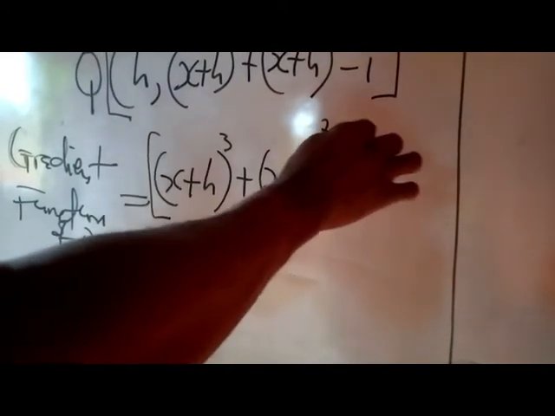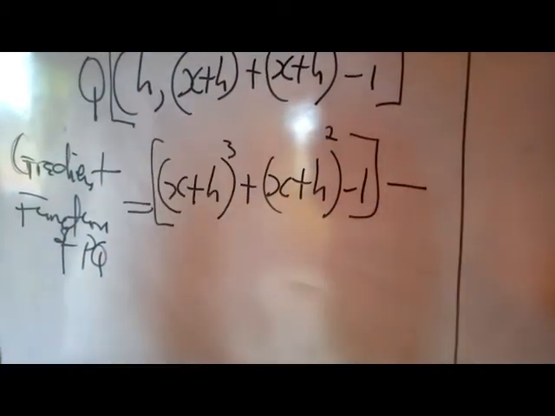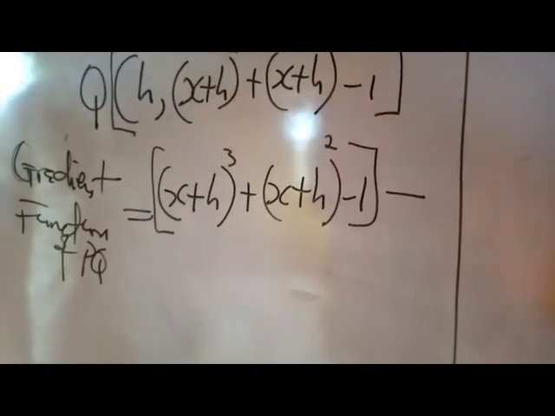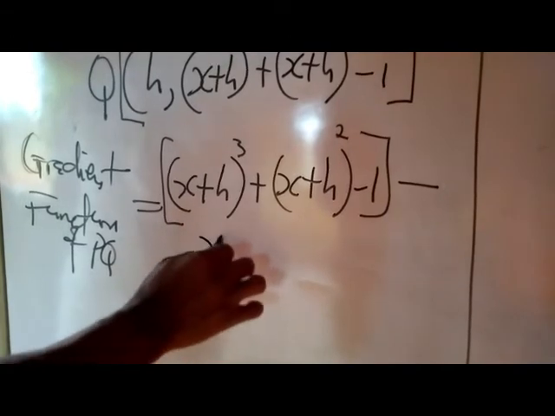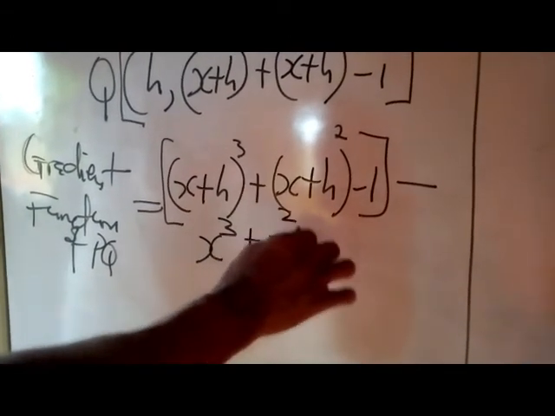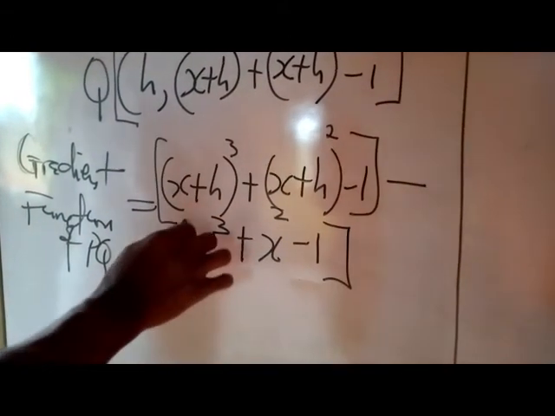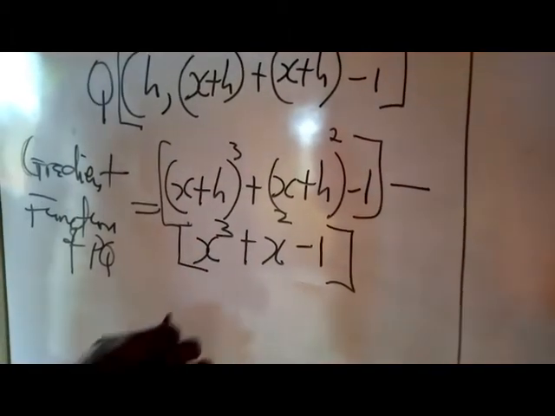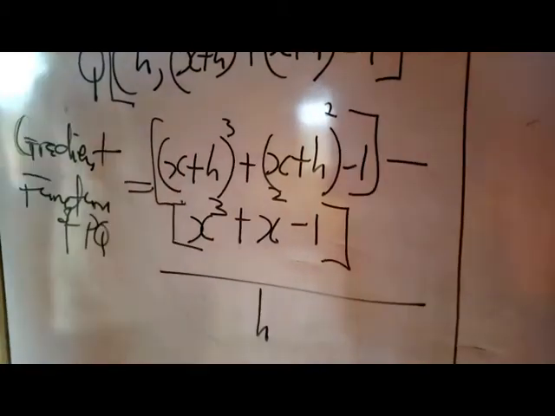We can decide minus the y coordinate as the y1 coordinate, which is simply the equation x raised to power 3 plus x raised to power 2 minus 1. So we can also do something like this, all over h.